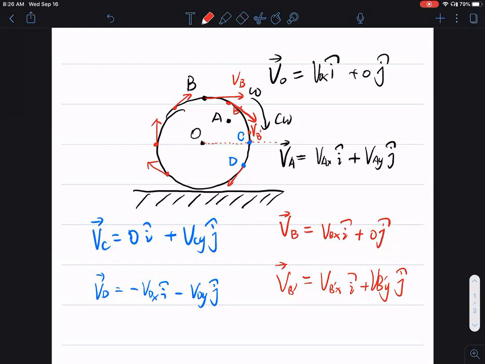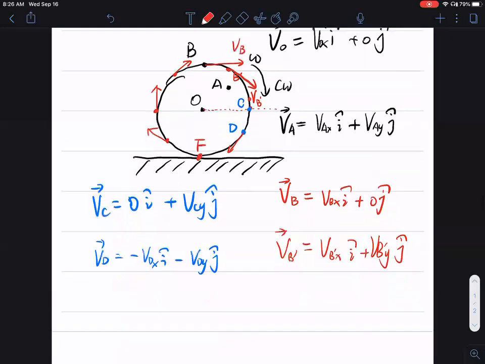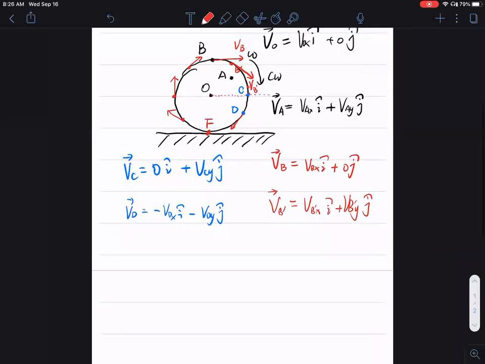Yes, if we want to write out what is the velocity for B, we can apply the equation we learned in this chapter, right? VB equals the velocity of another point. In this case, we can pick the contact point. We already used C, so let's call that point F. If we want to find out exactly what VB is, VB is on the top.